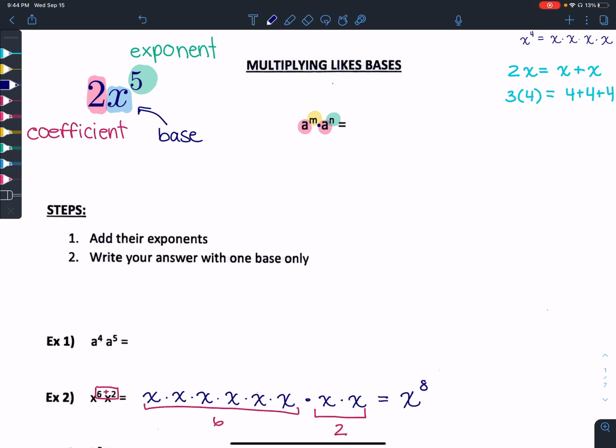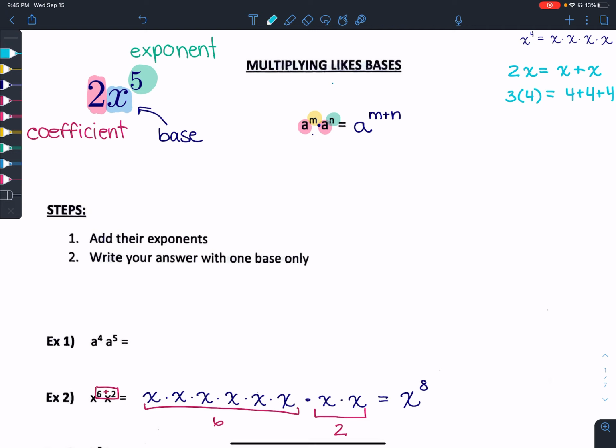But what ends up happening is my base here, my A, stays the same, I have the same base, and whatever my M is and whatever my N is, those two numbers will get added up together. And whatever that number is, that's your answer.